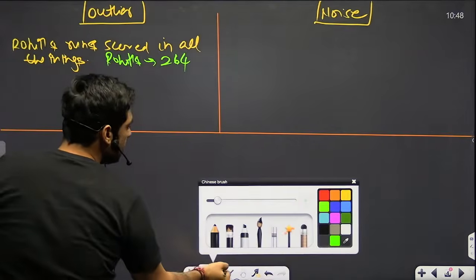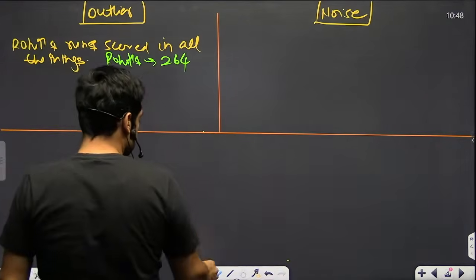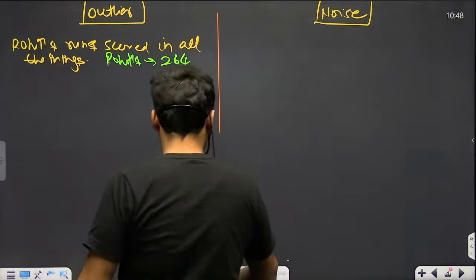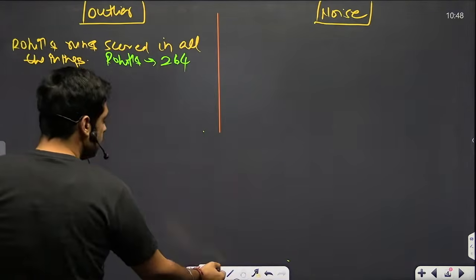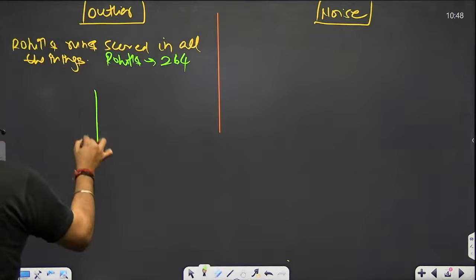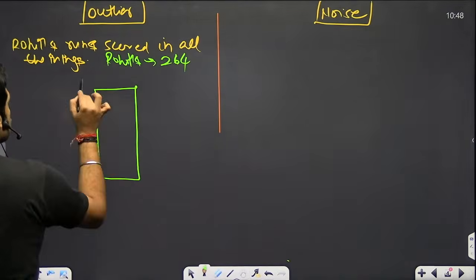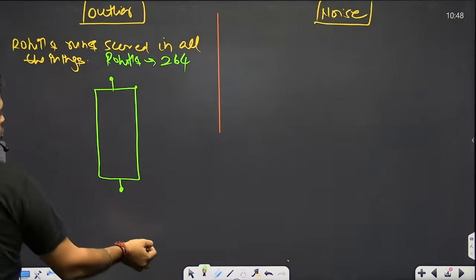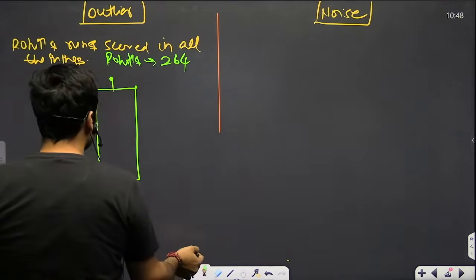If I make the box plot of Rohit Sharma's scores, this would be the box plot of all the innings he has played.